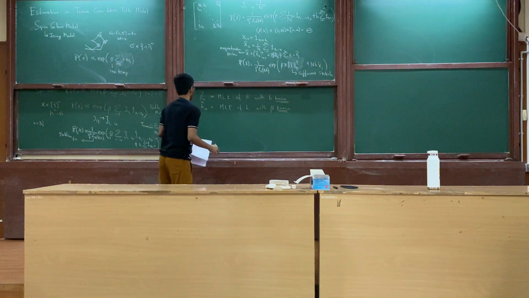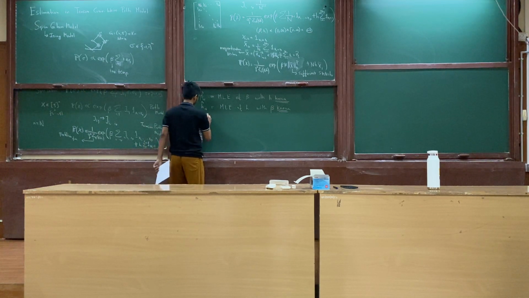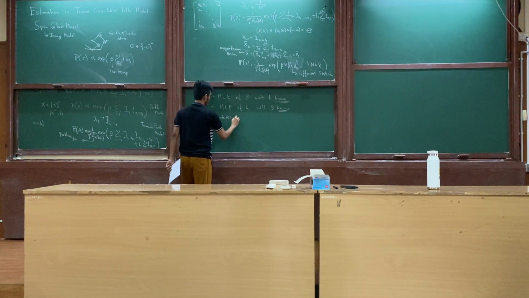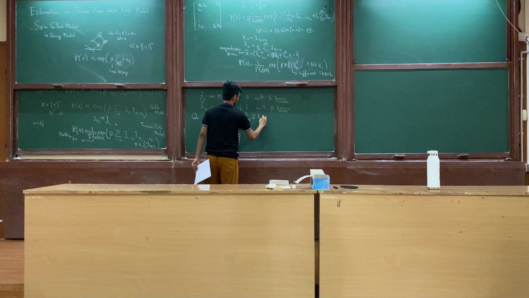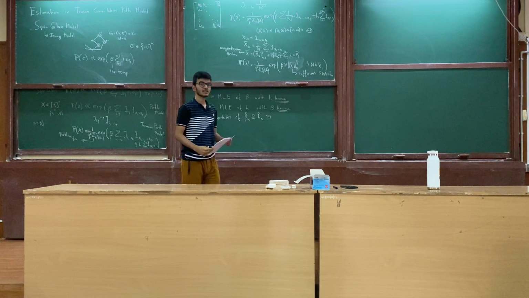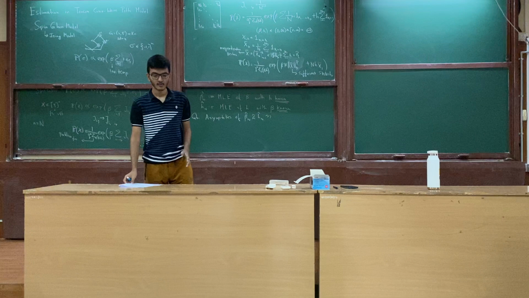Now we will ask the question: asymptotics of beta n hat and h n hat. How do beta n hat and h n hat vary for large n?